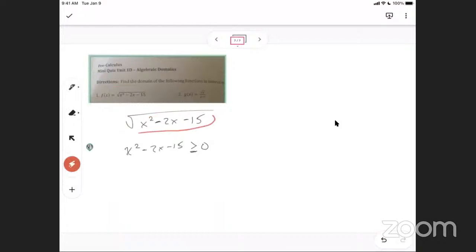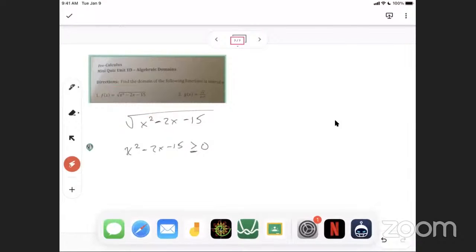Because this whole thing, the number underneath the radical, I think that's called a radicand, has to be positive. So how can I know that this is positive? Well, what you need to do is find out what this graph looks like. That's why I like to do it in 2 dimensions.